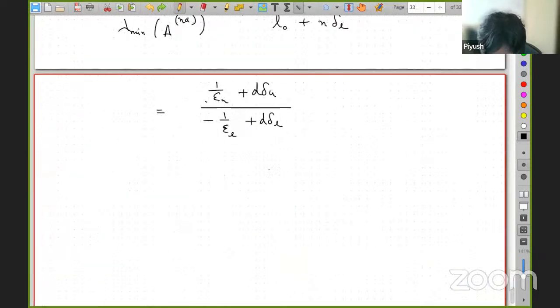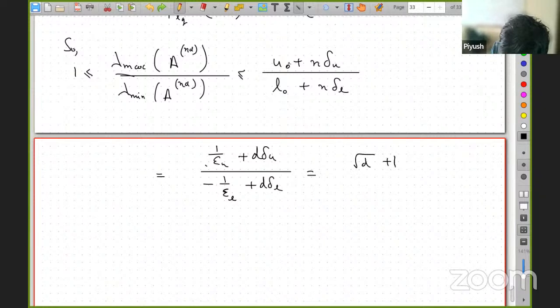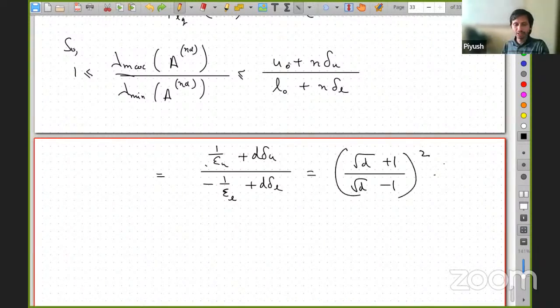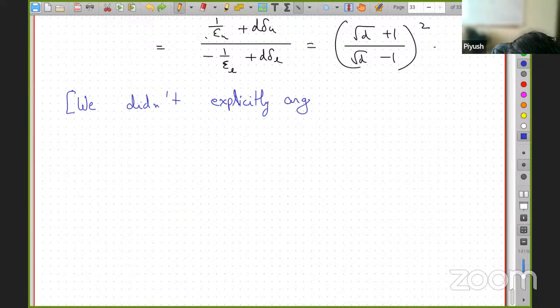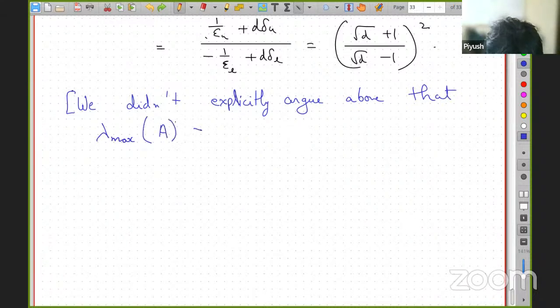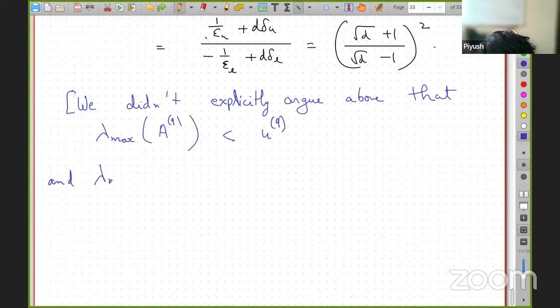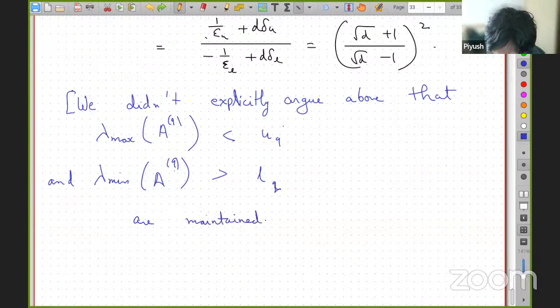So delta U. After substituting, the only thing that I should mention is that we did not explicitly argue about lambda max of A. But it's not hard to argue this, given all the things you have done. So this will be an exercise.